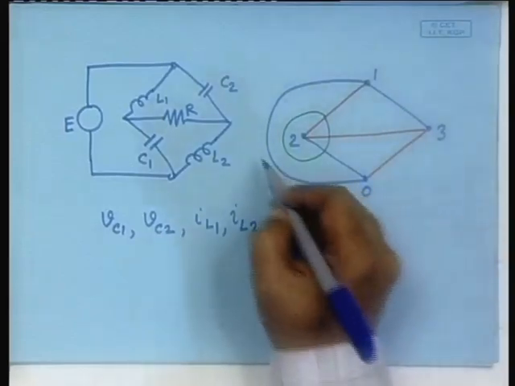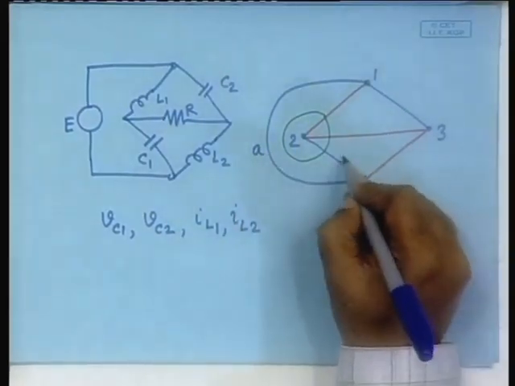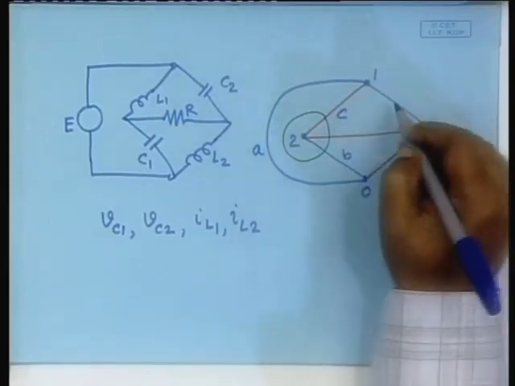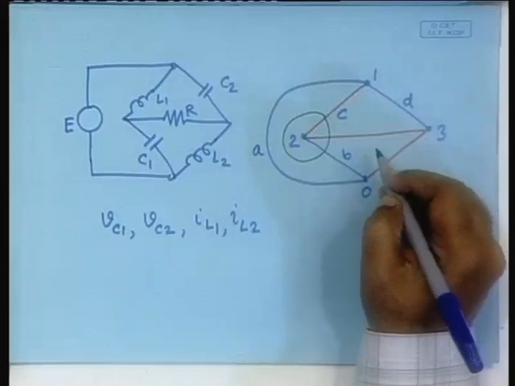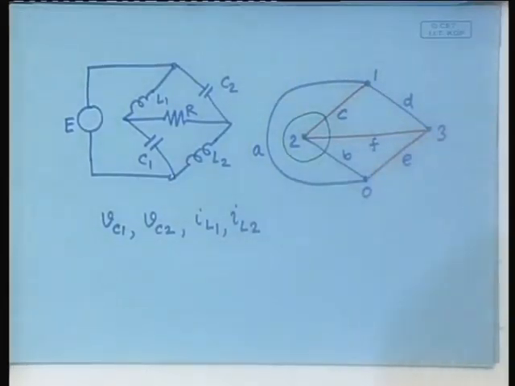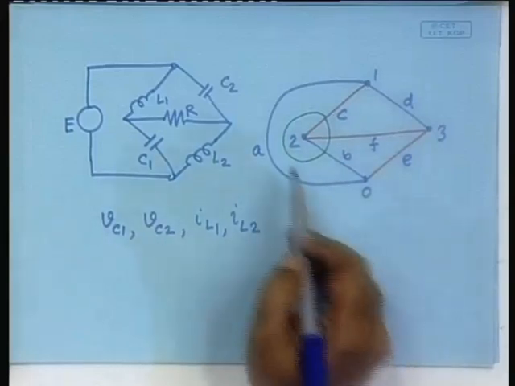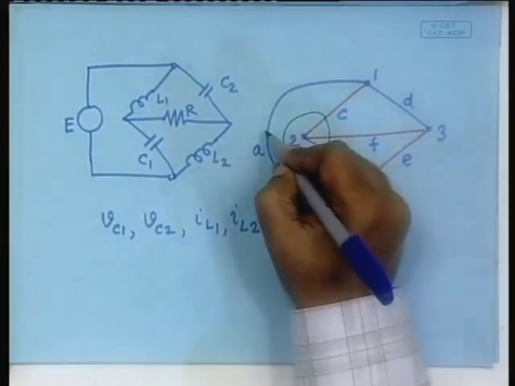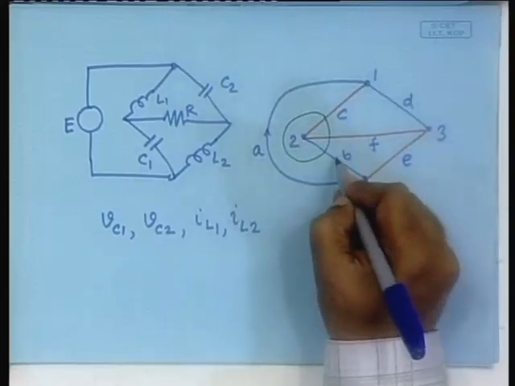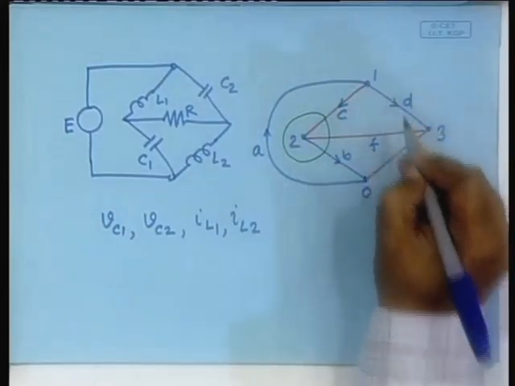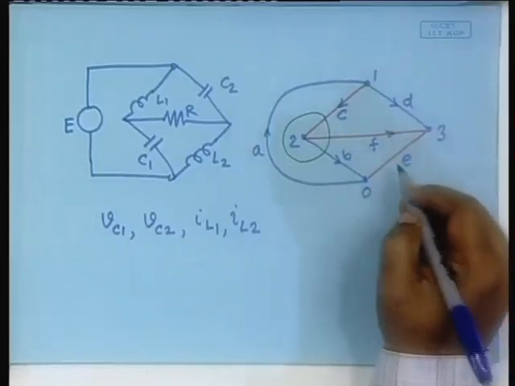So, let us say A, B, C, D, E and F. Fine. So, now we can directly write directions. Obviously, they are arbitrary. So, let me give directions.